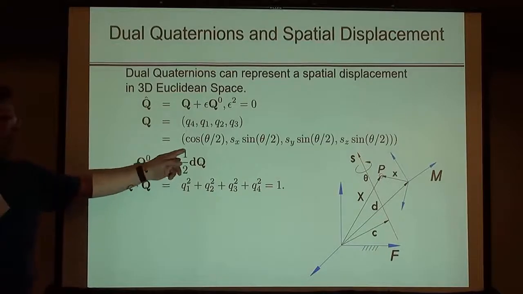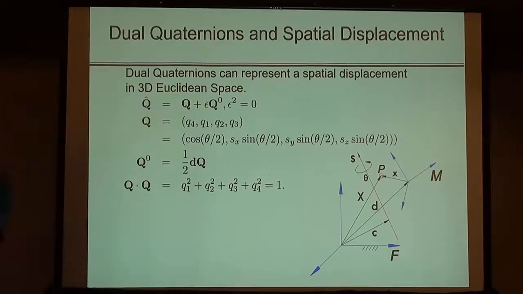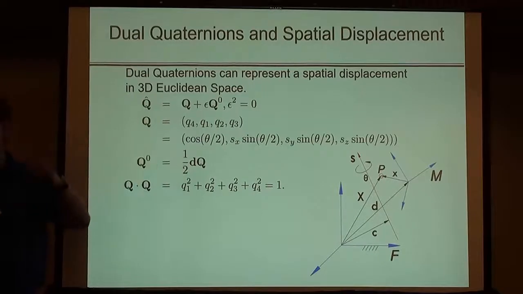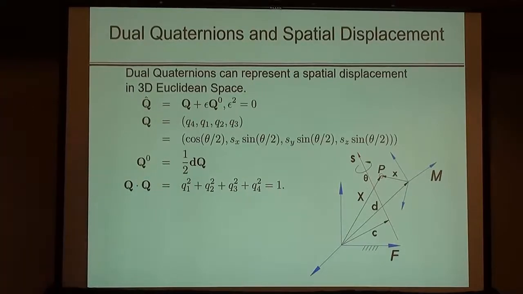Okay? The reason we have the half is because of the half angle thing. We talked about rotation, right? If your quaternion angle is theta, the actual movement is actually twice. Same as here. That's why we have to put 1/2 to correct that.